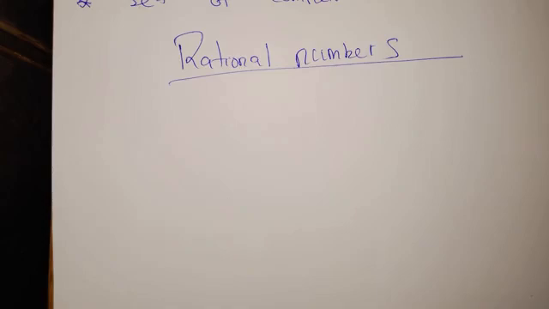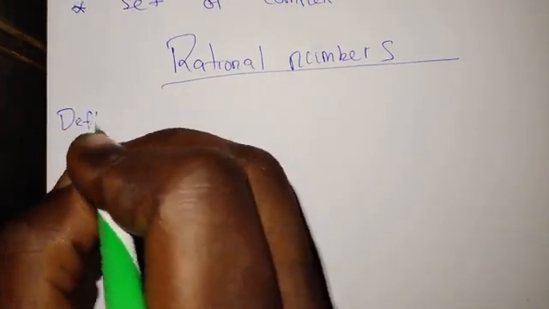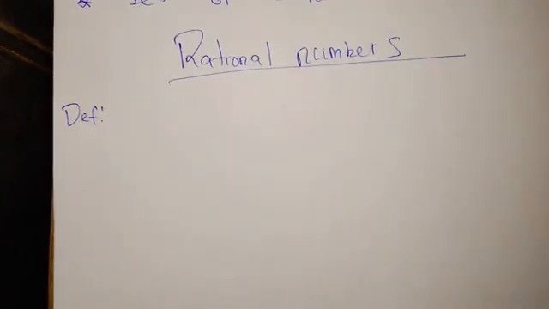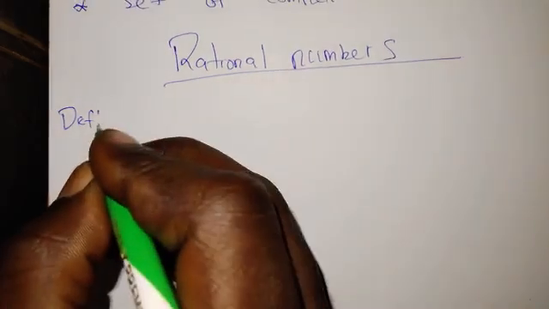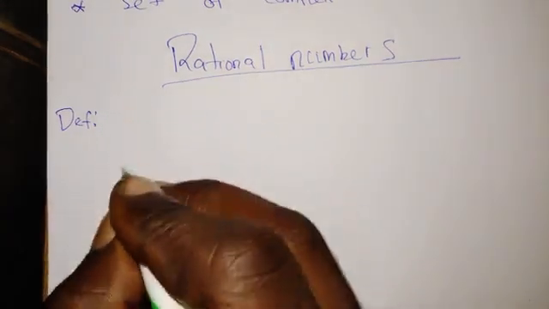So what is a rational number by definition? Start from a definition. You understand the definition, automatically things become simple for yourself. What is a rational number?